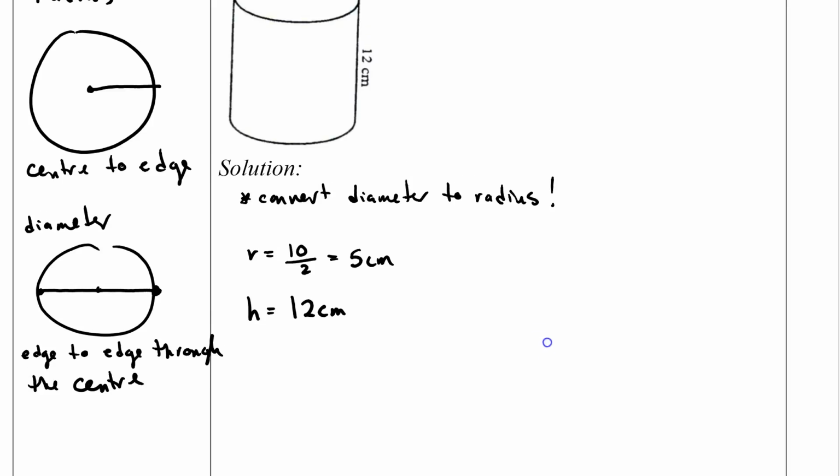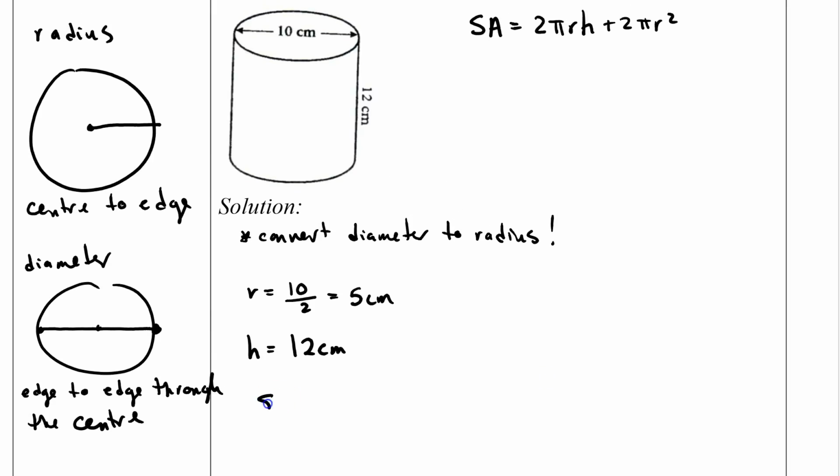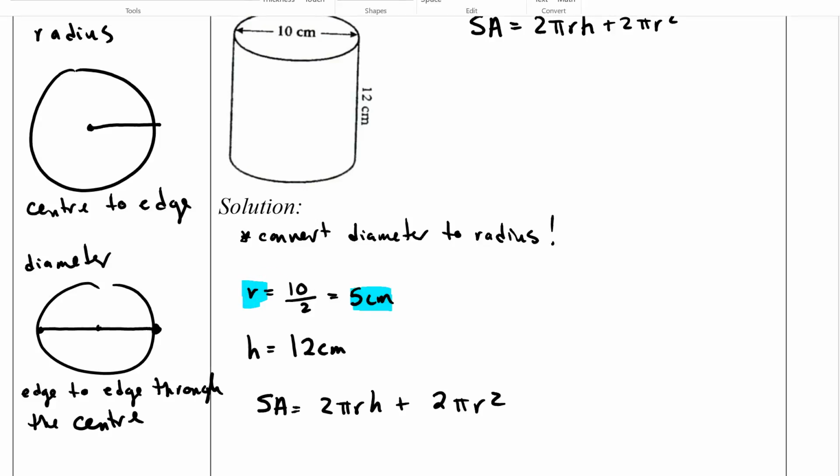So I'm just going to rewrite my surface area here. Surface area equals 2 pi r h plus 2 pi r squared. You know what? In this one, why not? Let's add some color. So the radius is going to be outlined in blue, so I'm going to put in 5 centimeters for my r's. And my heights are going to be highlighted in green, so whenever I see an h, I'm going to put in a 12.